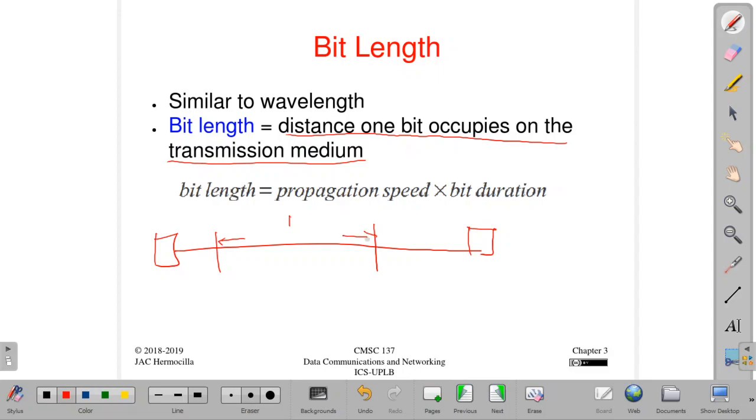That is the bit length, and the formula to compute the bit length is propagation speed multiplied by bit duration. Okay, so that's an important property to remember.